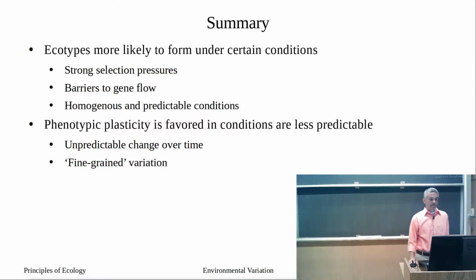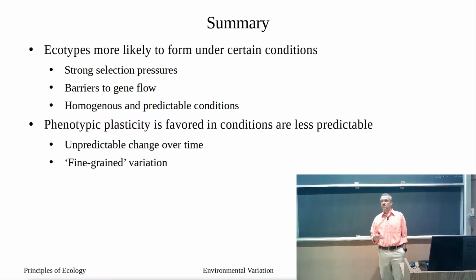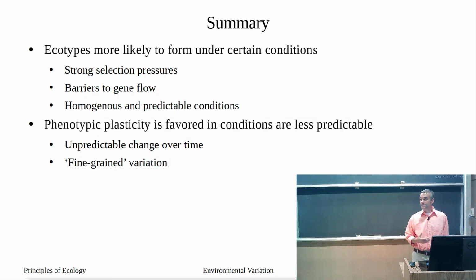Now, phenotypic plasticity is always going to be favored whenever our conditions are less predictable, when our conditions can freely change. Why is that? It's because you don't want to be stuck with a single phenotype. If all of our phenotypic variation is determined by the nature component, right, so by our genes itself, we're stuck.